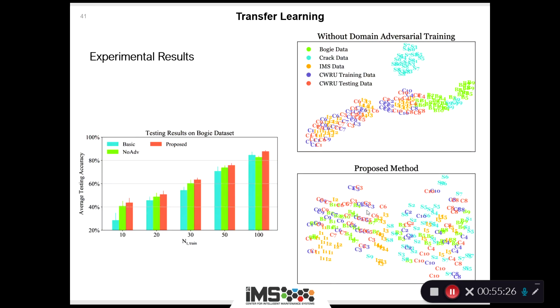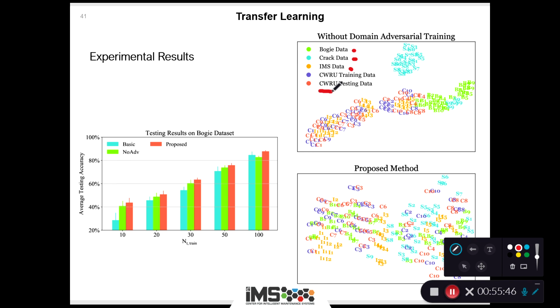For example, this is the results visualization in a case study. We see here that we use the data from different datasets as the input for investigation. For example, we use some Tsinghua data, credit data, IMS data, and the Case Western data.